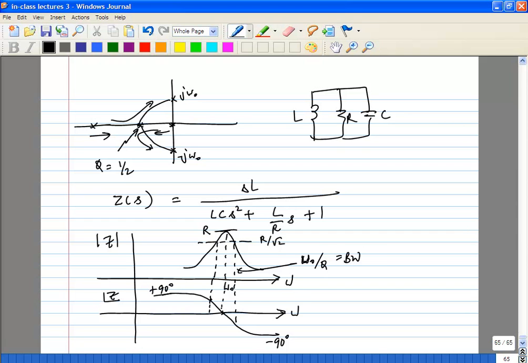And this will be minus 45 degrees. And you know that the frequency of oscillation, neglecting all other capacitors, is going to be 1 over root LC.